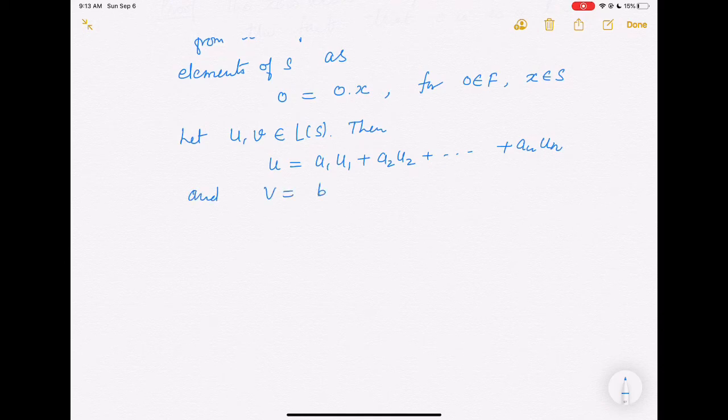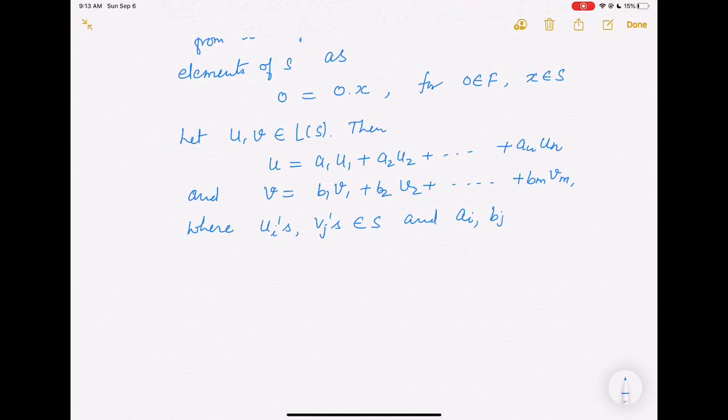and also v may be written as b1 v1 plus b2 v2 plus ... plus bm vm, where the ui's and vj's belong to S and ai and bj belong to field F, for i varies from 1 to n and j varies from 1 to m.